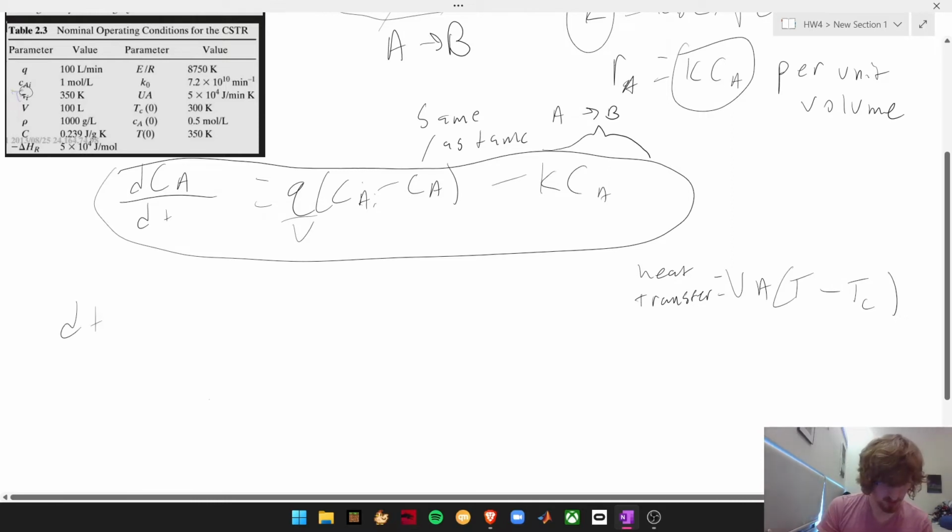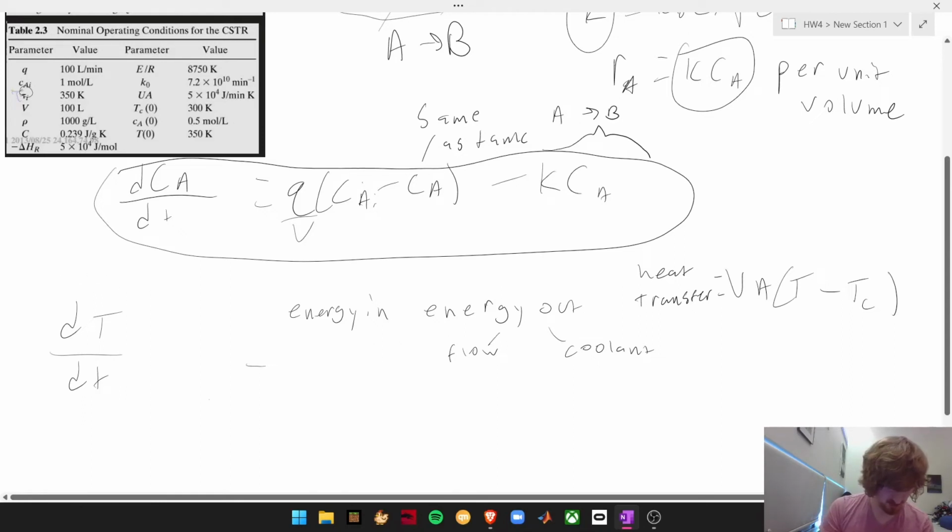So we're going to know that our change in temperature, and it's going to be helpful to look at this in terms of energy initially. So I will come back to this. The left side is incomplete for now. It is going to be equal to our energy in, which we're going to have to come up with, minus our energy out. And then that energy out is going to be through flow and through coolant.